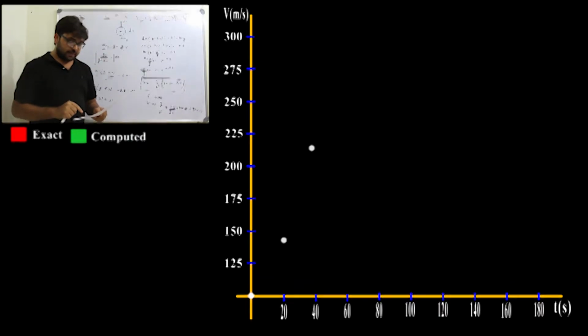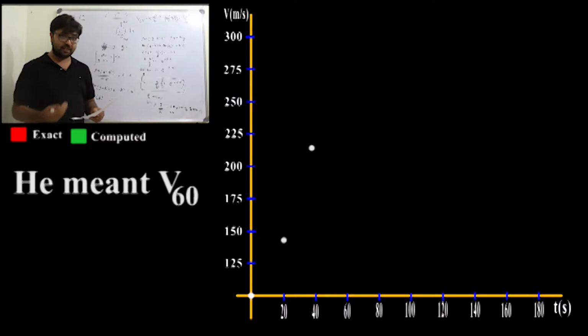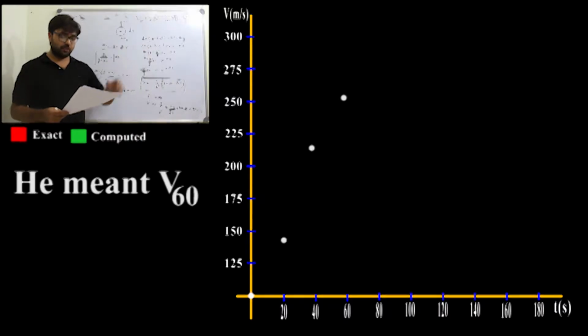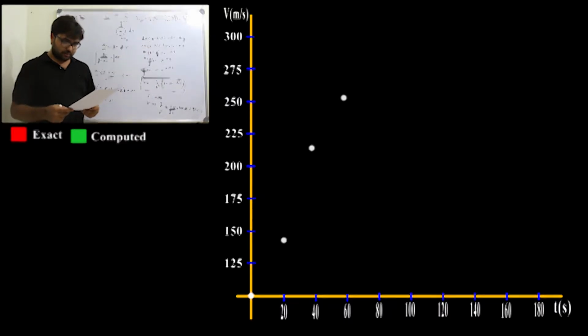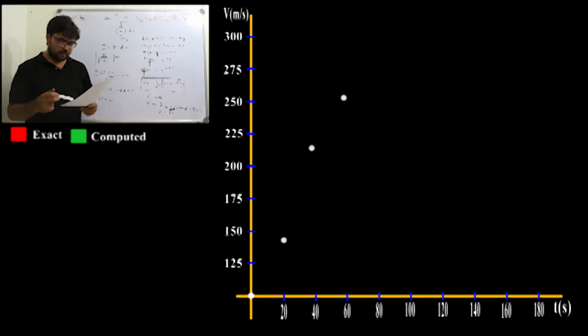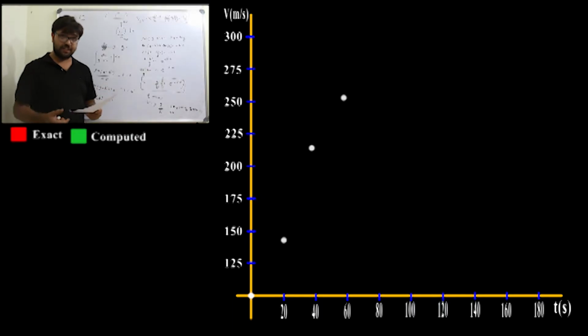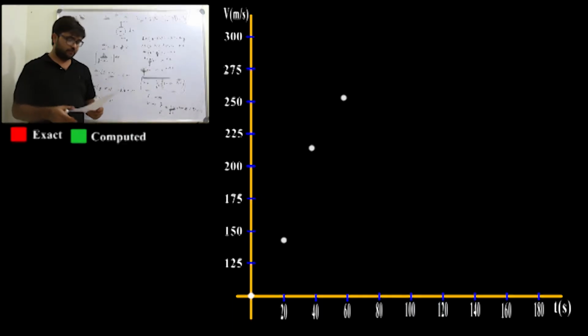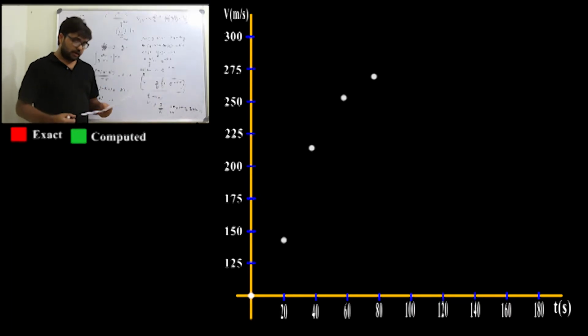Now V80 comes to be 255.87. So this is where that value gets plotted. So we have V20, we have V40, we have V60, now V80. So when time is 80 seconds, by this method we get the value as 274.99.